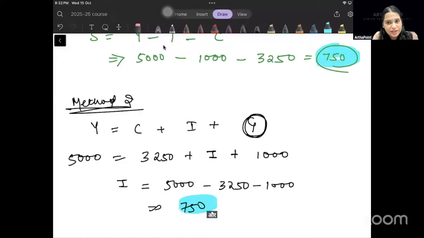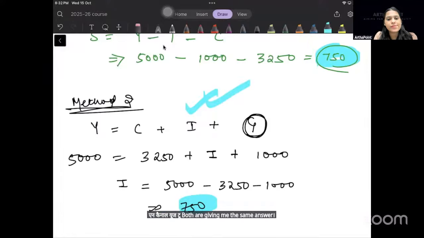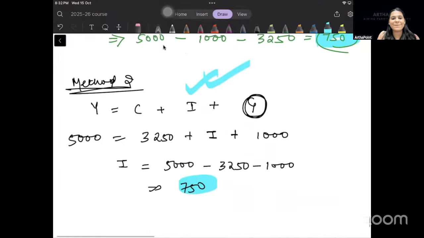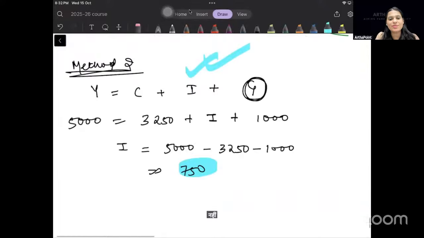So can we go ahead and can we use this? क्या हम investment ही निकाल के उसको savings बोल सकते हैं? Anyone? Can I use method 2? Both are giving me the same answer. Can I use method 2?